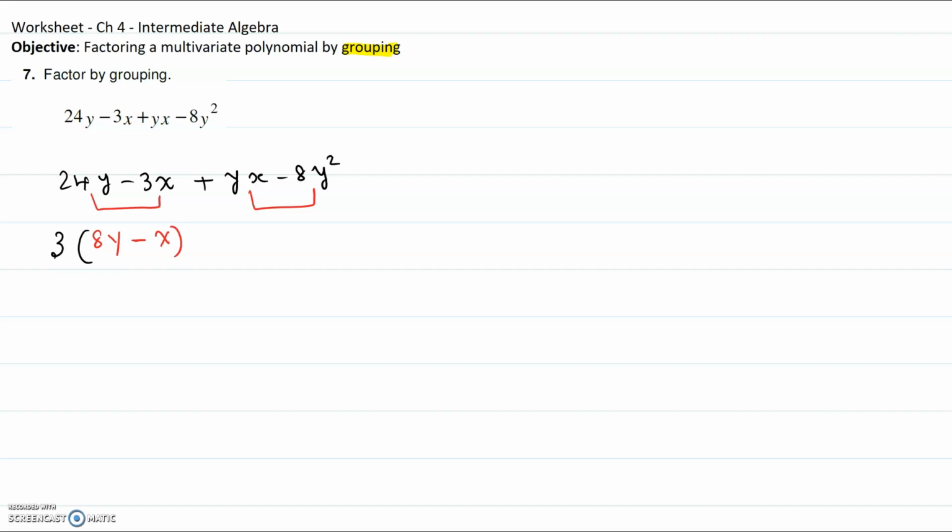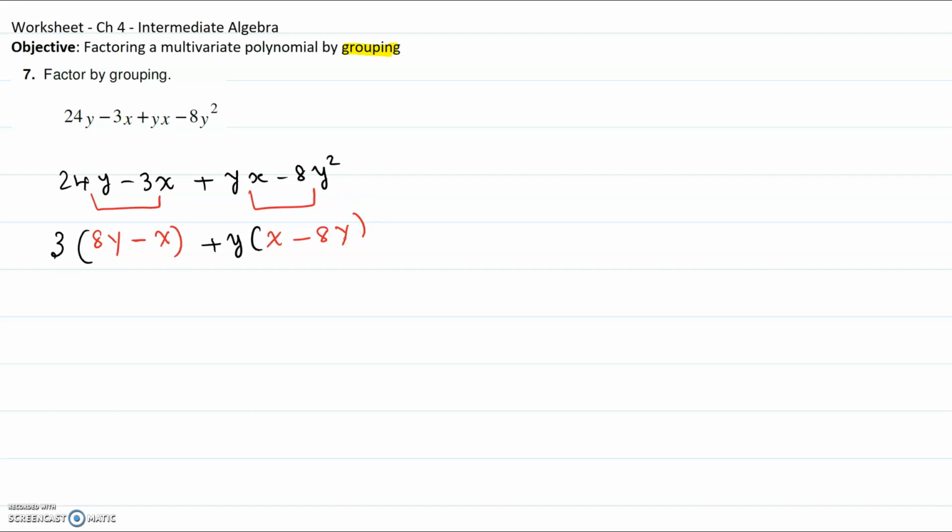And if we keep the terms as they are in the second two, yx minus 8y squared, y is common. If you pull the y out, inside you will have x, since y times x is yx, and minus 8y.